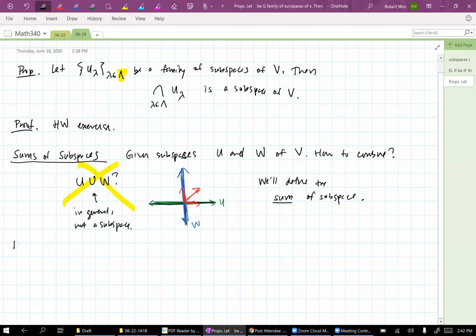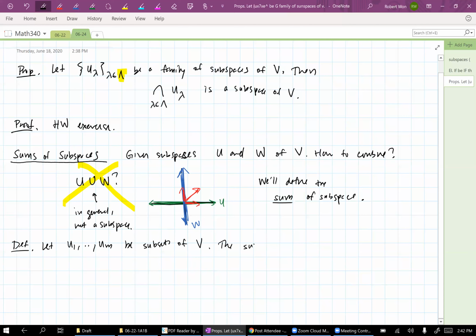Okay, so here's the definition. Let U1 through UM be subsets of V. I'm going to make this definition not just for subspaces, but even in general for subsets. But in most cases that we're actually interested in the sum, we'll take these U1 through UM to actually be subspaces.